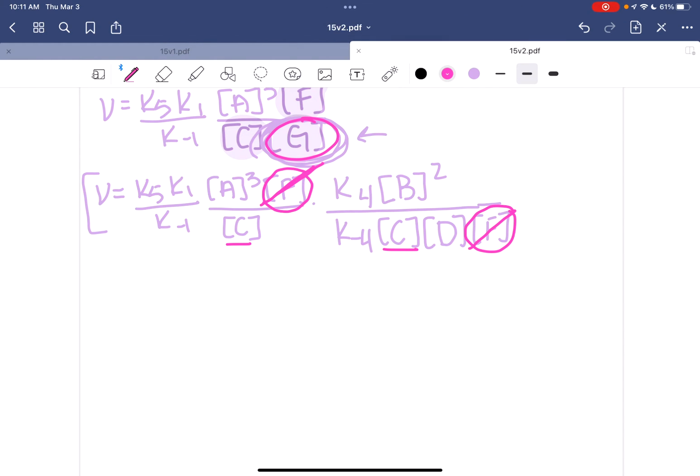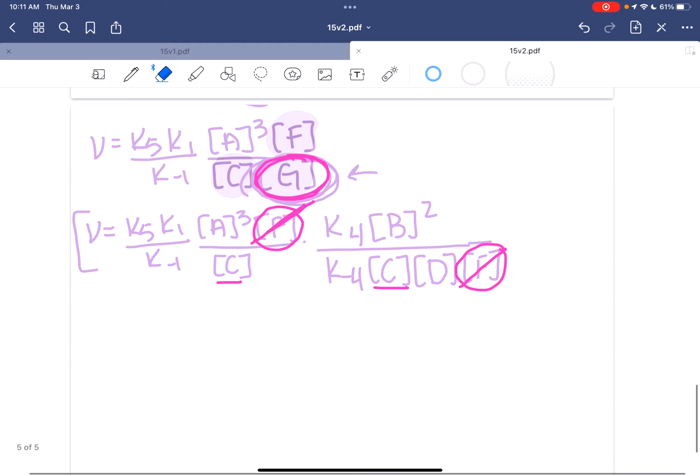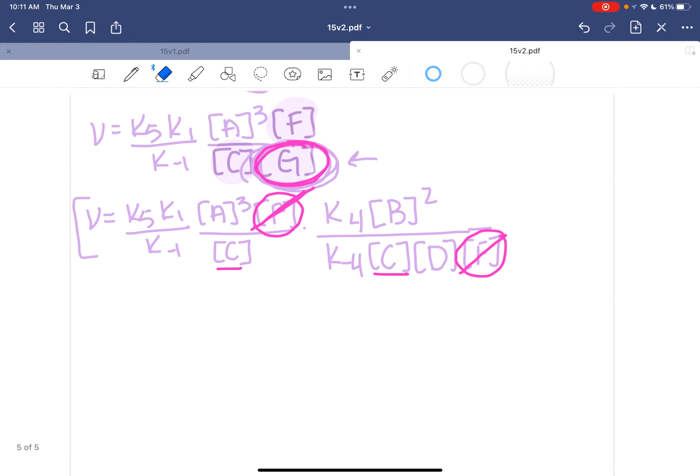So we were able to actually get rid of two intermediates at once, and that's why I did just the substitution for G, but it's totally okay if you didn't completely see that you wanted to do just one of the concentrations of intermediates at a time. These kinds of things just take practice for you to see the patterns of what you want to cross out and what you want to substitute first.